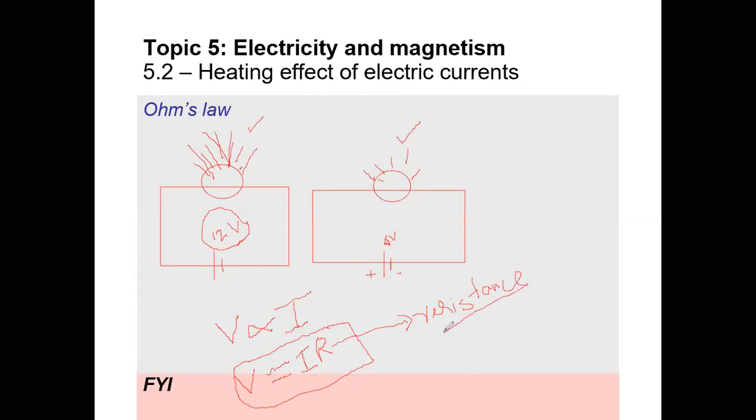So according to Ohm's law, if a current passes through a resistor in a circuit, then this current is directly proportional to voltage at constant resistance. Okay, so V equals IR. This is the Ohm's law equation, where R is resistance, I is current, and V is voltage.